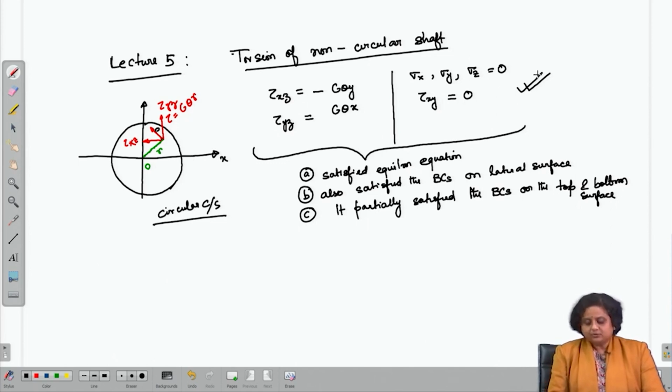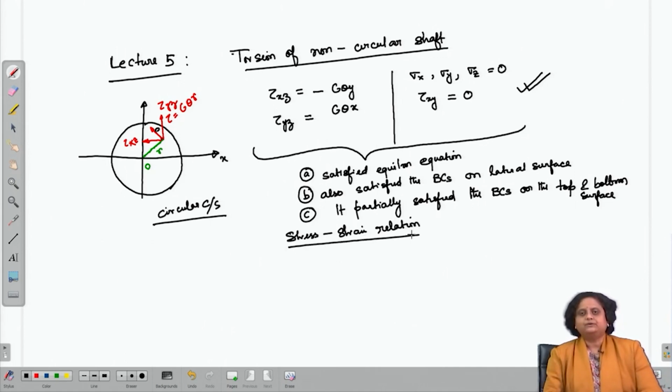Now, let us use the stress strain condition. As discussed in lecture 3, there is a stress strain relation which relates the stresses that we have obtained with the strain.